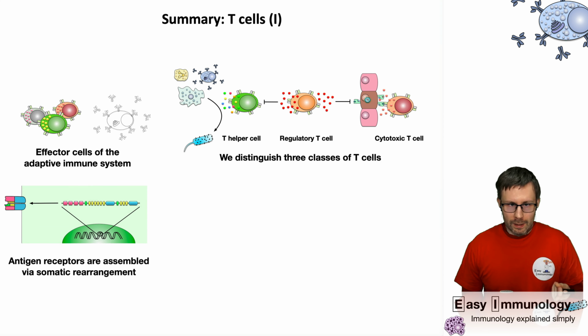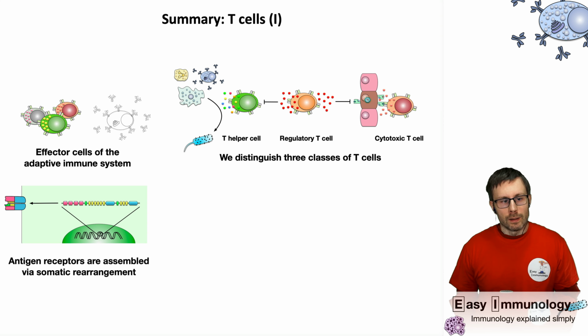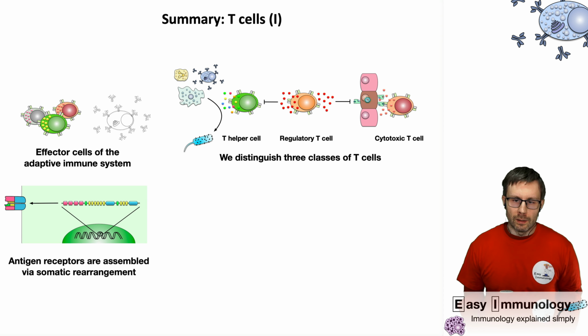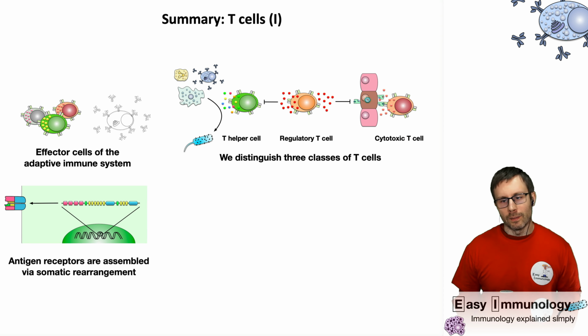We learned that the T cell receptors are not coded one by one as final complete molecules by different genes, but they are coded by segments that are randomly combined with each other, also adding some information via the somatic rearrangement.